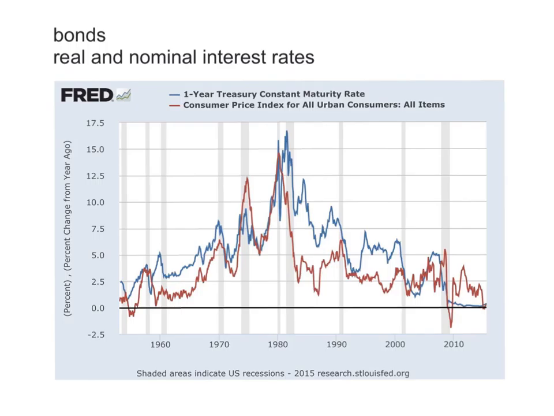We are going to talk about Treasury bonds and also about the connection between real and nominal interest rates. By the way, you see a chart from FRED. I talked about FRED earlier.